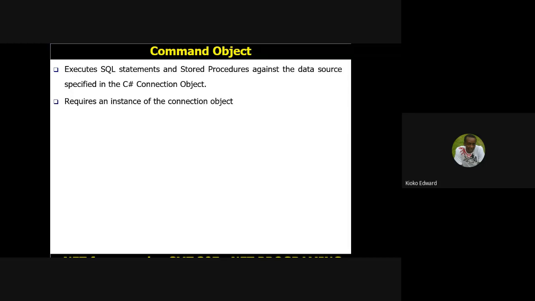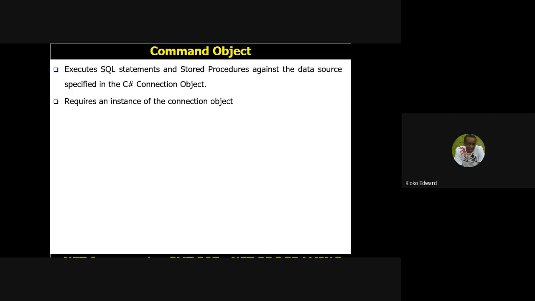But for us to be able to execute those, we do need an instance of the connection object. I'll just show you in a minute how we create an instance of the connection object, because the connection object is actually a class in .NET. Once you have a class, you're supposed to create an instance of that class, and that's what we call an object in object-oriented programming.